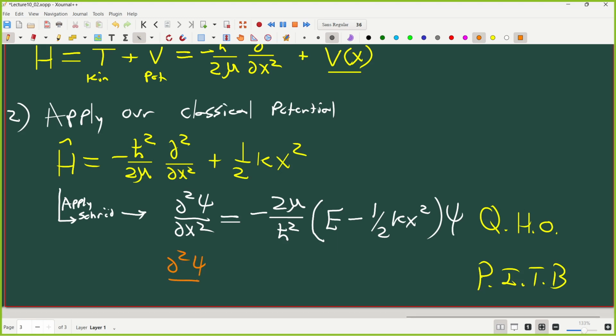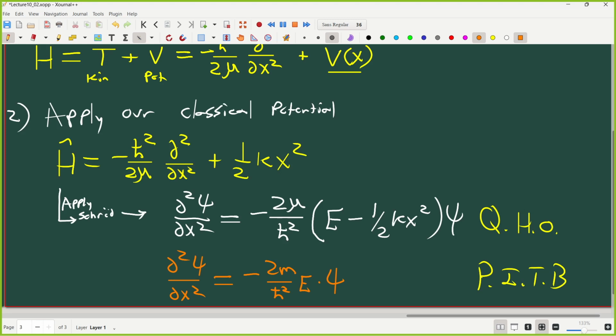Well, again, on one side we have d squared psi dx squared, the second derivative, is equal to minus 2m over h bar squared times E times psi. Okay. So what do we have for the particle in the box? Remember, it says that when we take the second derivative of our solutions, we get the same function back times some numbers. All right. So we saw that the solutions to that are sines and cosines.